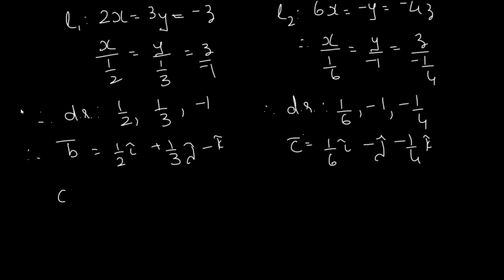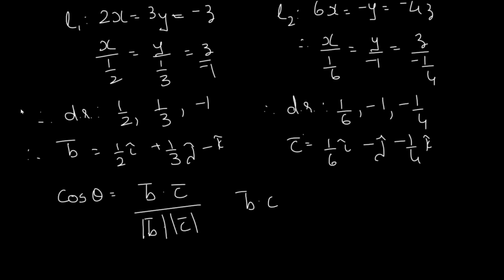So in this case, the angle between B and C can be found out by this formula, that is cos theta is equal to B dot C upon mod B into mod C. In this case, what is B dot C?